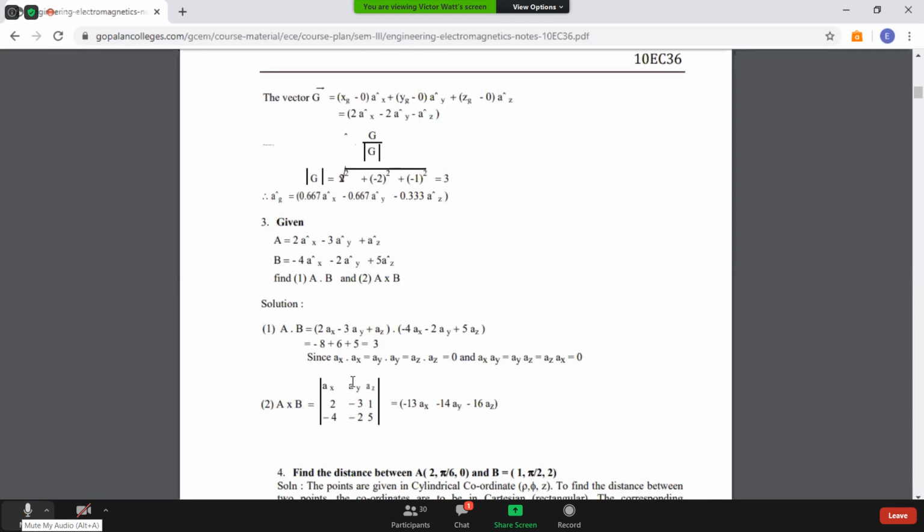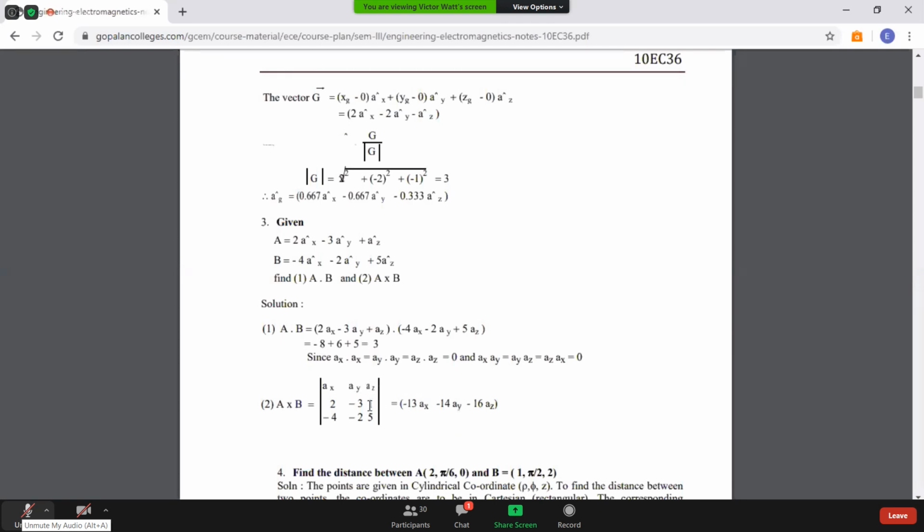And AY now, you take out this. So it would be 1 times minus 4, which is minus 4, minus 2 times 5, which is minus 10. So that would be minus 14 AY.